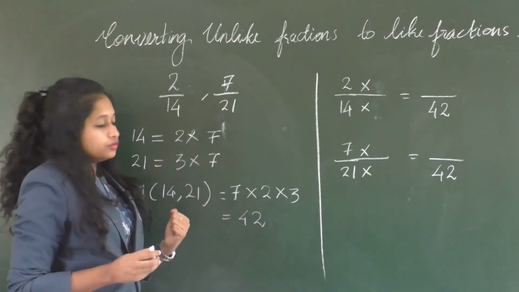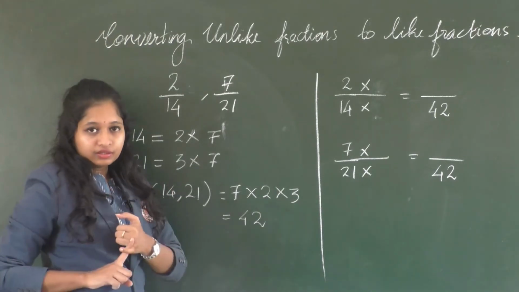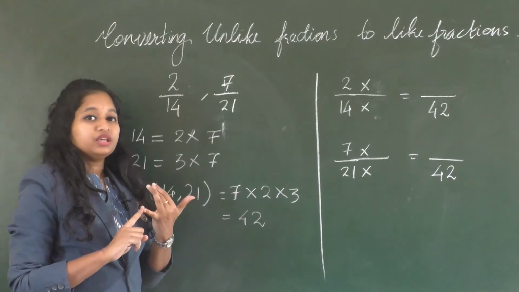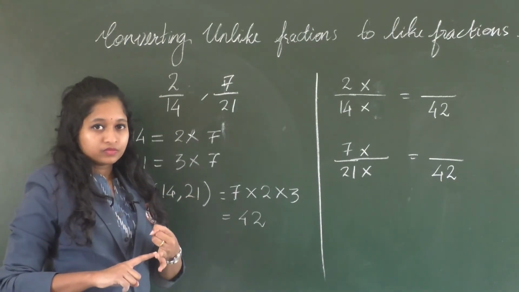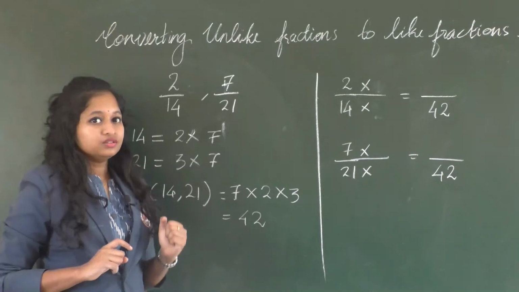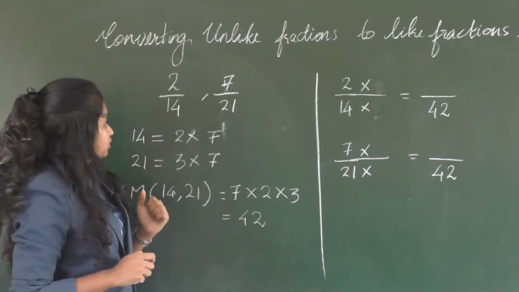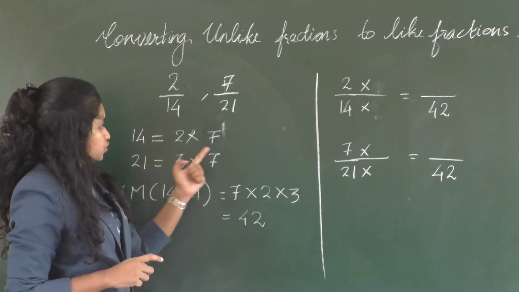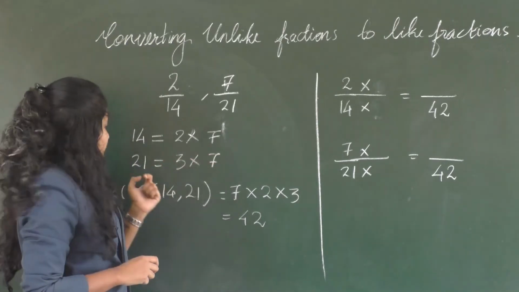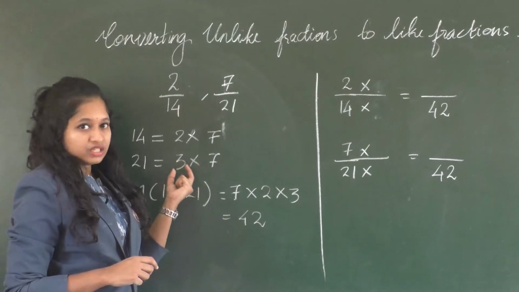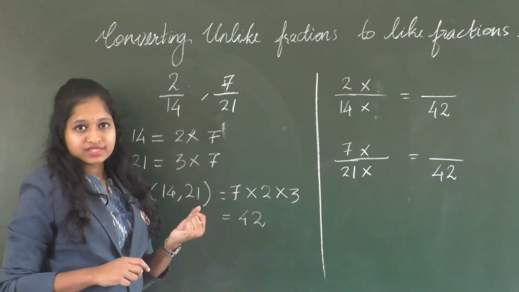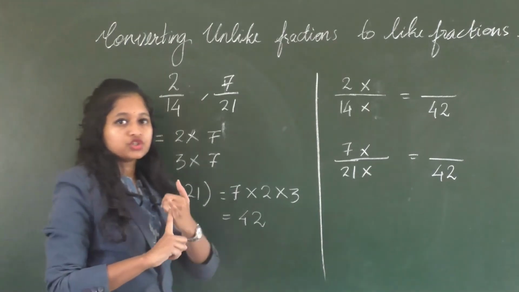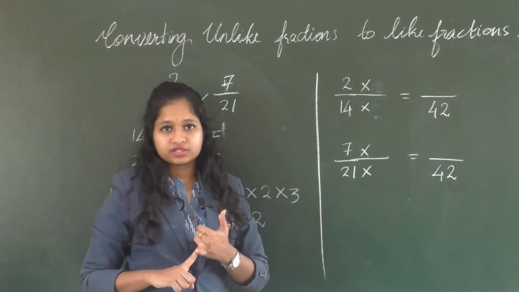So, we have to find the LCM first and then make the denominators same so that they would become like fractions. So, 14 can be factorized as 2 into 7, isn't it? And 21 as 3 into 7.